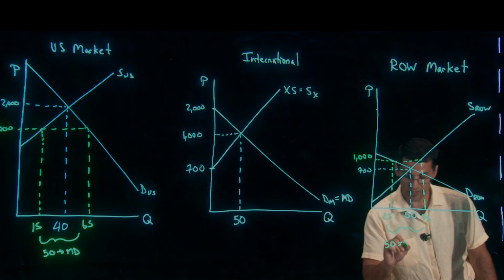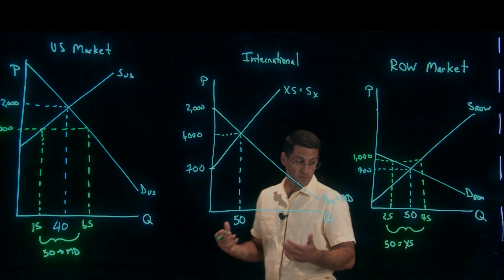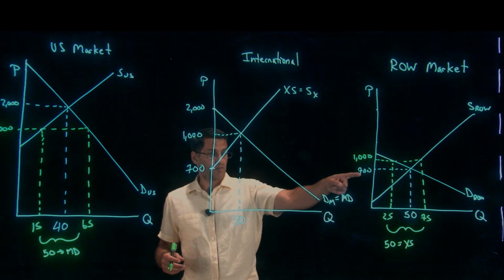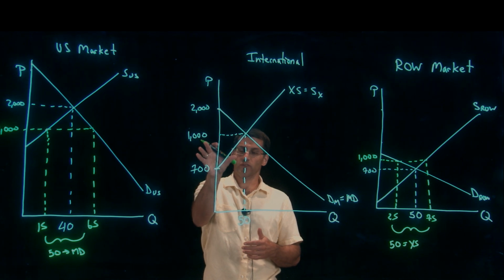That is the export, or quantity of exports supplied, at a price of 1,000. So how does this price of 1,000 come about?